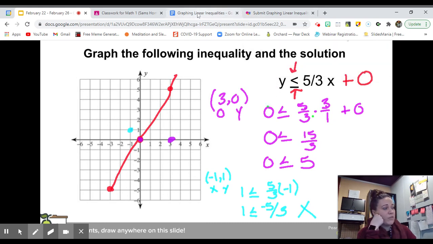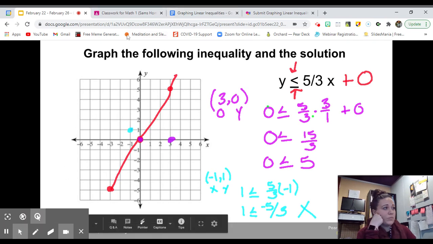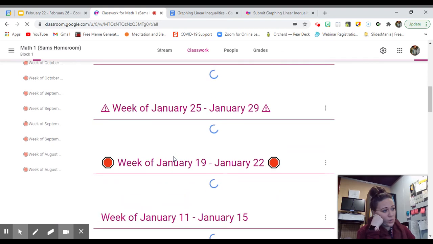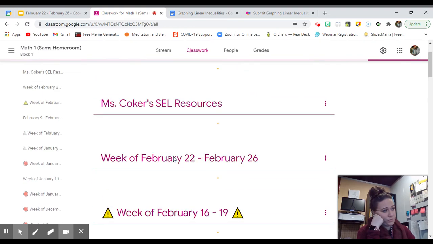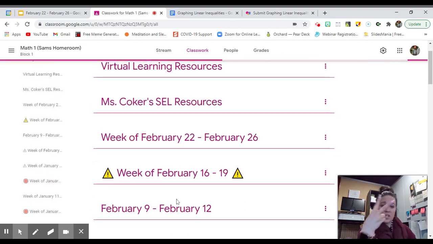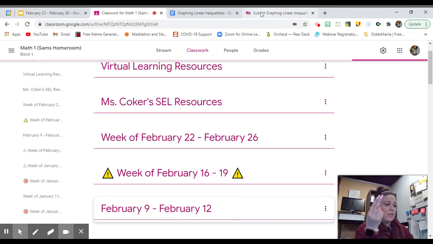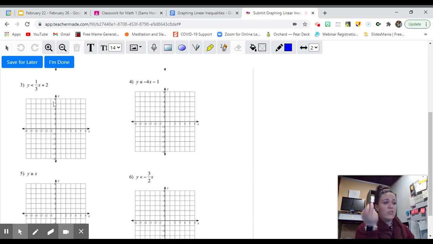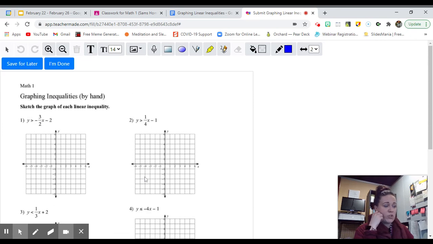If you go up into your particular assignment for today, once it loads, you're going to have two parts of the assignment. The first one is TeacherMade. That is going to take you to this particular document here. Again, once it loads, you're going to be graphing them by hand. Be very careful about the lines that do not have "or equal to" on them. You have 6 questions to graph by hand.